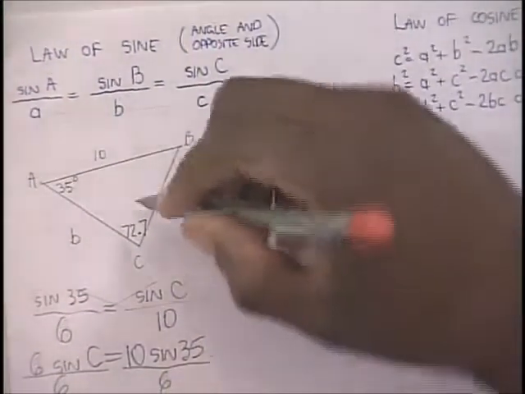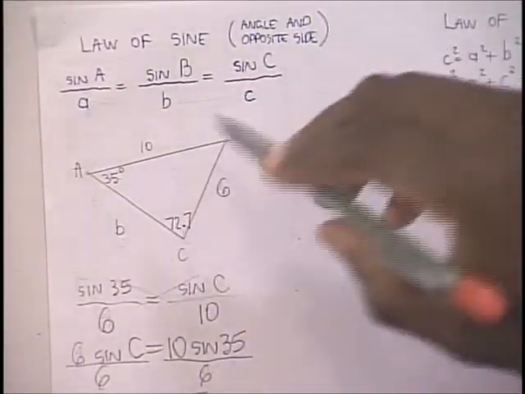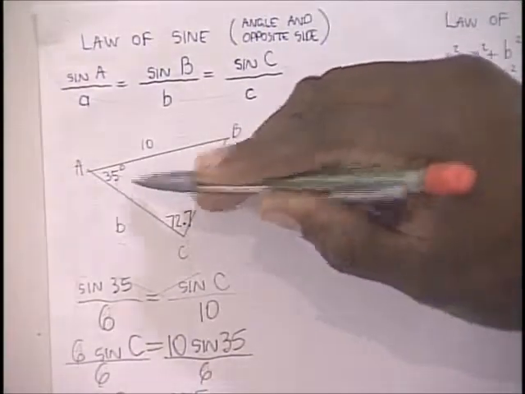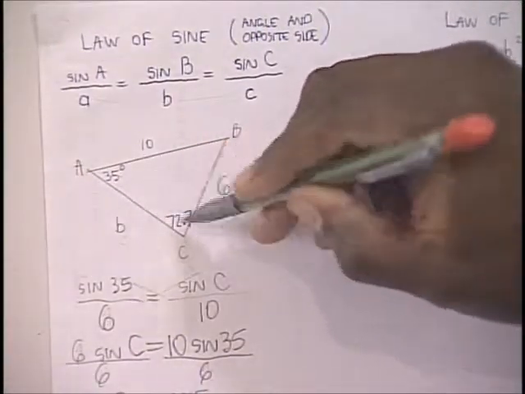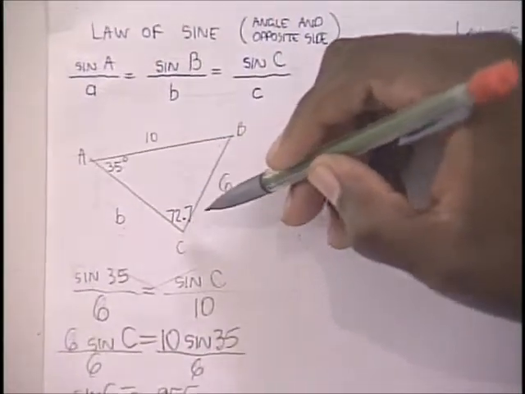All right, so now what we can see is what we have. We want this side right here. What we can do is figure out this angle because we've got two angles, and you may have learned in geometry that the sum of the interior angles of a triangle adds up to 180.